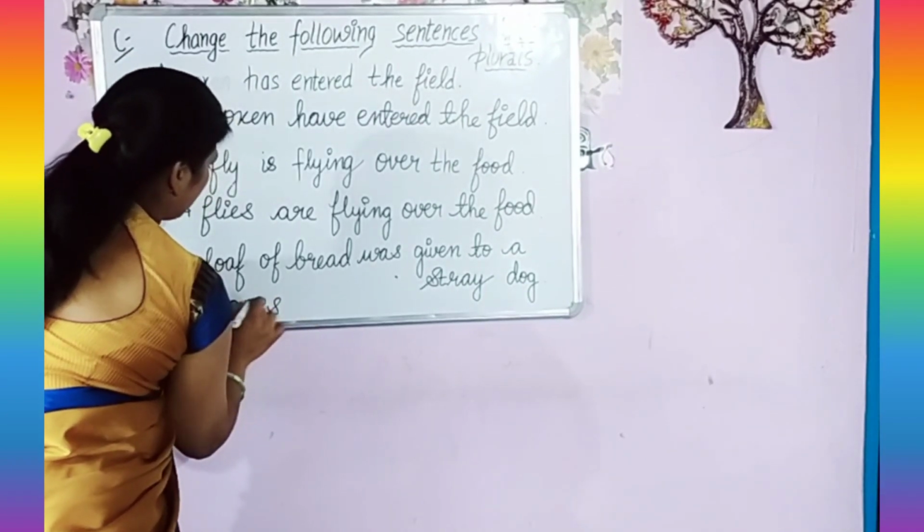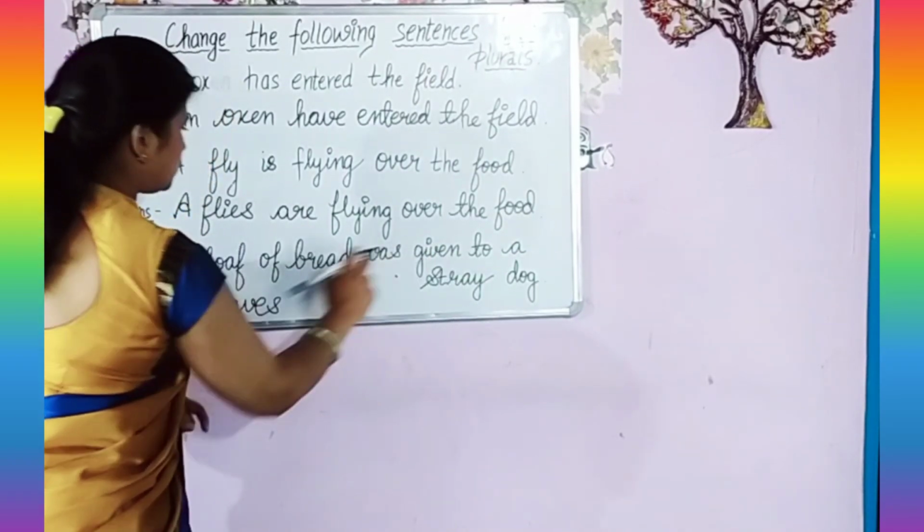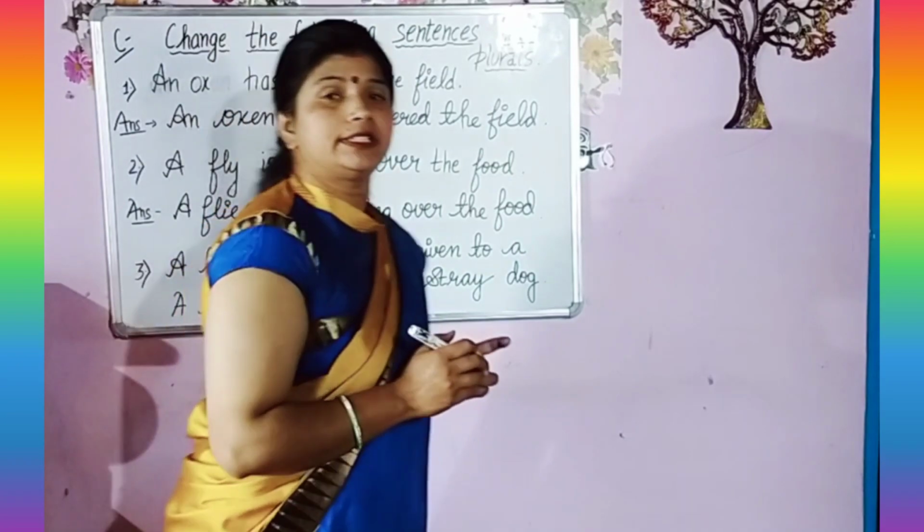Loaves, f changes to ves. Loaves of bread were given to a stray dog. The rest of the sentence we will write the same as it is. We will only change the number of the noun. Earlier it was loaf. Now we have changed it into loaves.